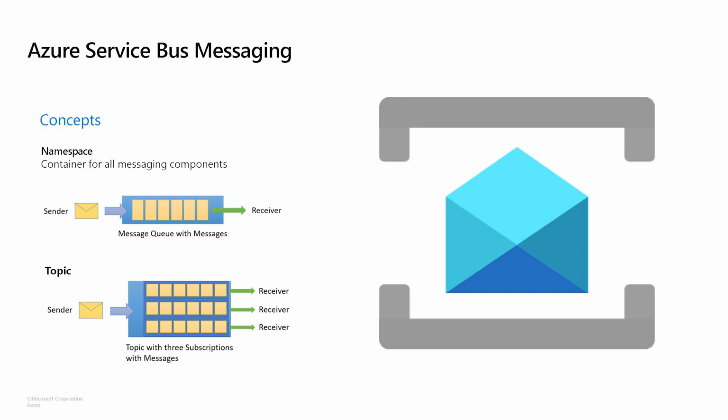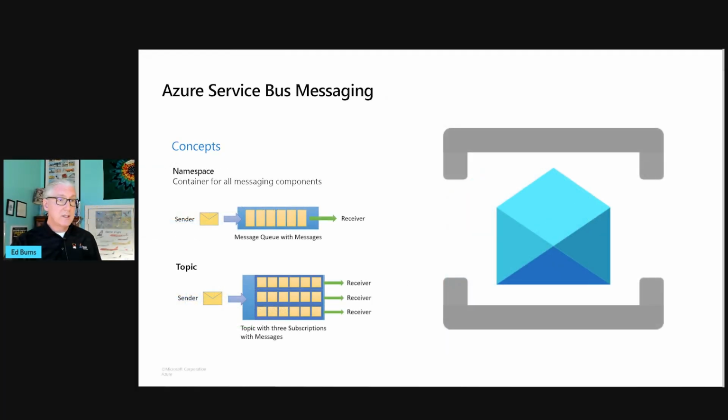It's almost like a billing and management construct because you can govern your things using Azure Governance, and that applies to all of the things that are inside of the Service Bus messaging namespace. So inside a namespace, you have any number of queues and topics. And the queues and topics are the two concepts that are most commonly used in JMS as well.